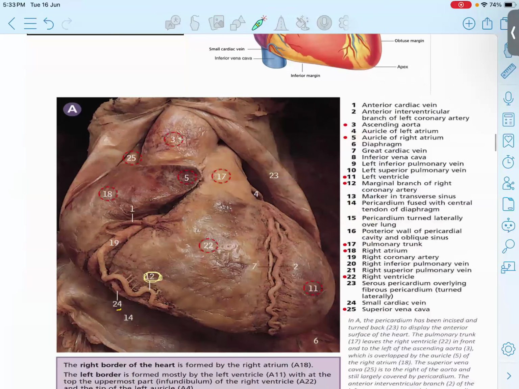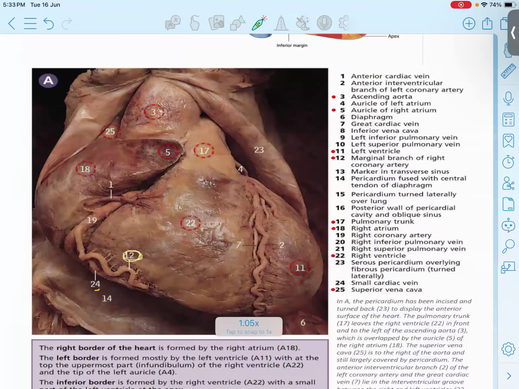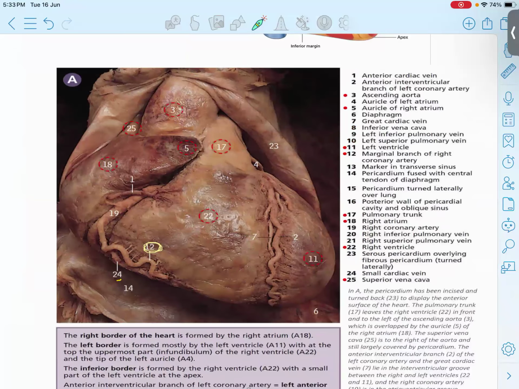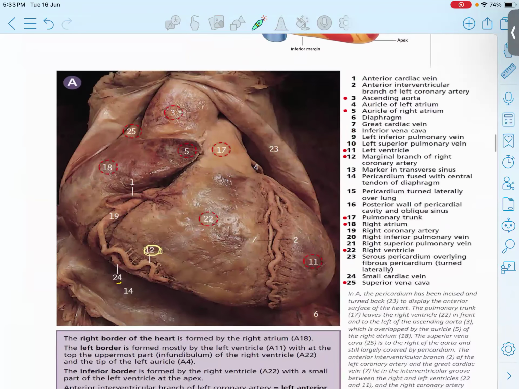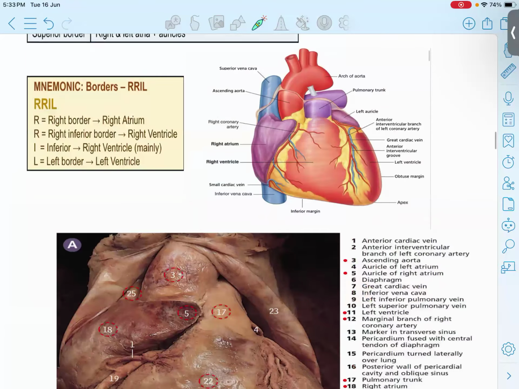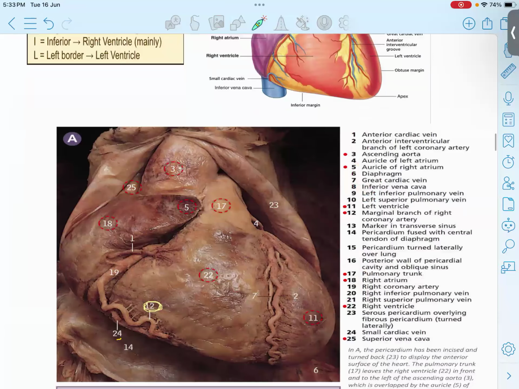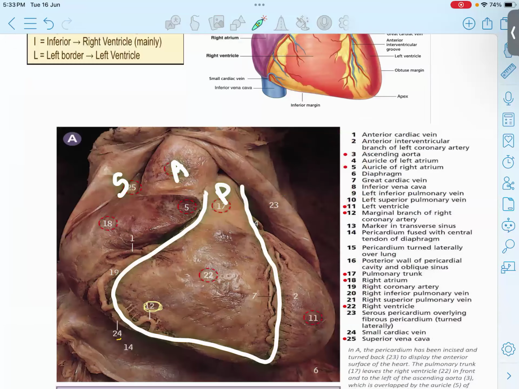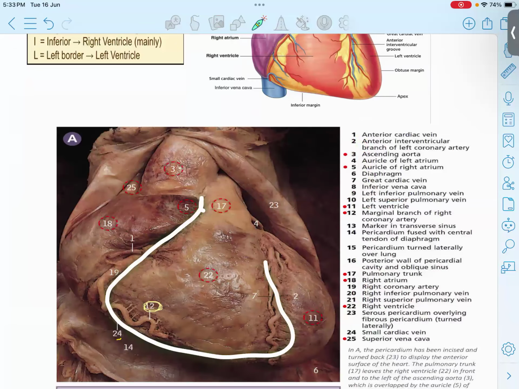Come to this image. It is also important for the exam. Now I will use the tips I have already told you. This is a P, and this pot, water pot or cooking pot, the top of the pot is the pulmonary trunk.